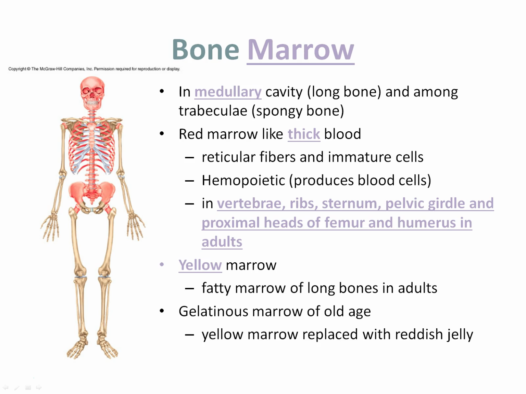It produces blood cells, so both red and white blood cells. In the adult, we find bone marrow in the axial skeleton. That includes the vertebra, ribs, sternum, and in addition, we find it in the pelvic girdle and the proximal heads of the femur and the humerus.